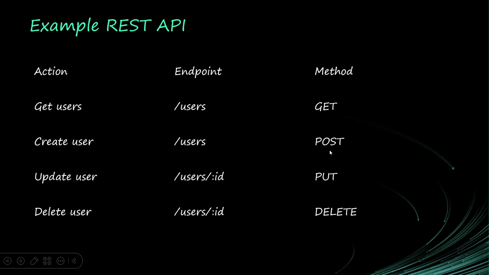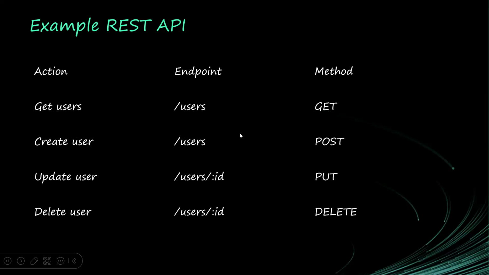If you want to create a user, let's assume you want to register for an application, you're going to use post because you're going to give them your email address, your name, your date of birth, all those data. You're using post because you want to create a user. The backend developer would expose or share with you the URL that you can use to contact the server to create you as a user of that application.